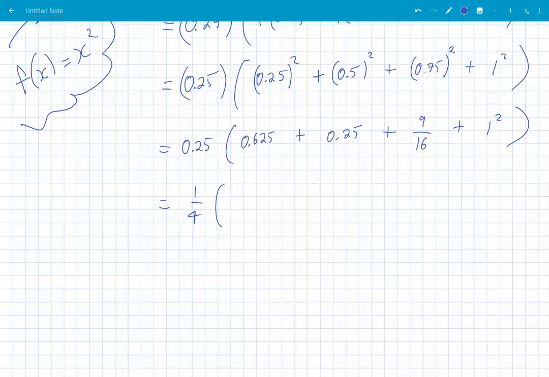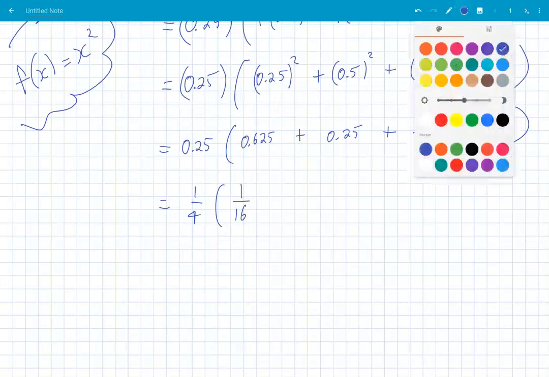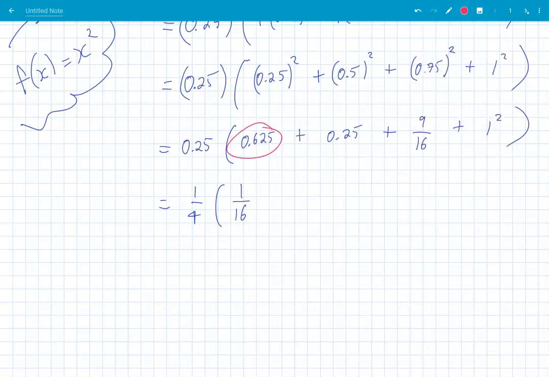Well, just to be careful, let's work this out. So what is, of course, 1/16? No. This can't be right. I should have 0.0625. So switching to fractions, because everyone prefers fractions, right? Plus 16/16.